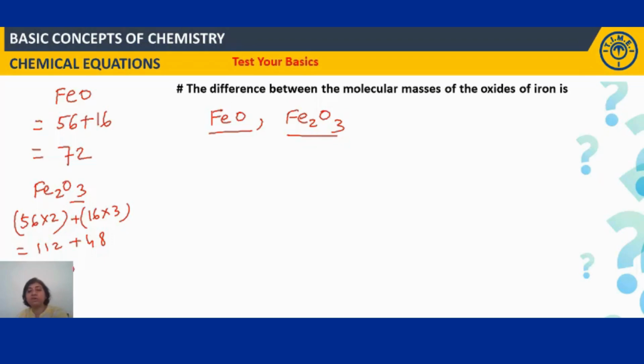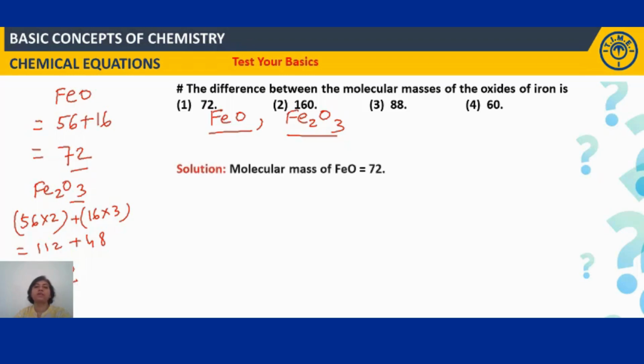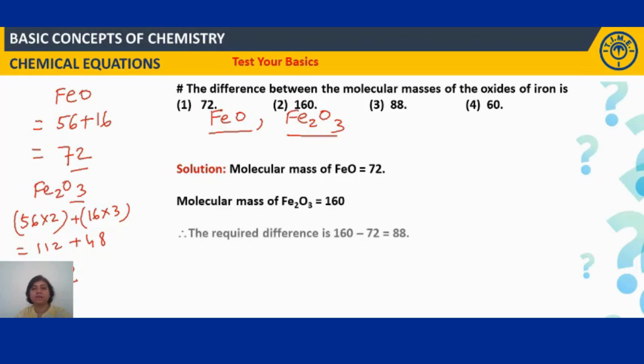So what you have to do? 160 minus 72. Fine. Let's look at the solution. So molecular mass of FeO is 72. Molecular mass of Fe2O3 is 160. The required difference is 88. So choice is 3. Okay. Fine. So let's move on to the next question.